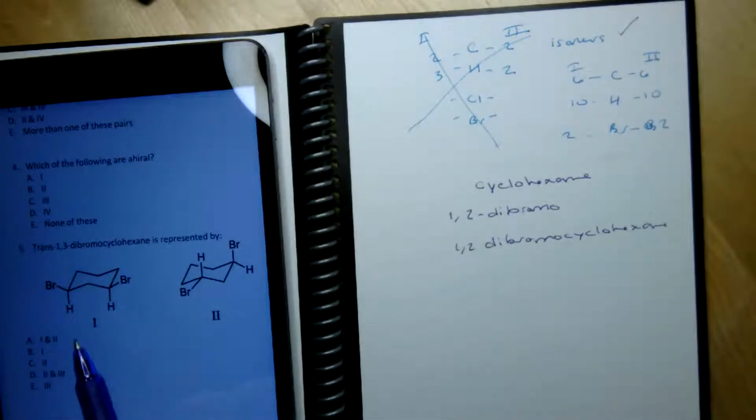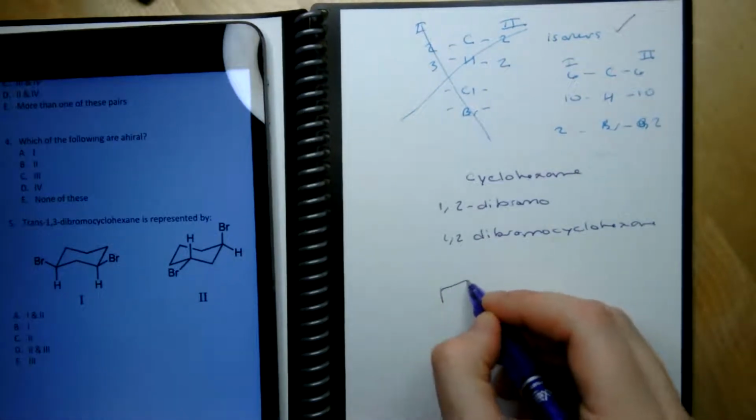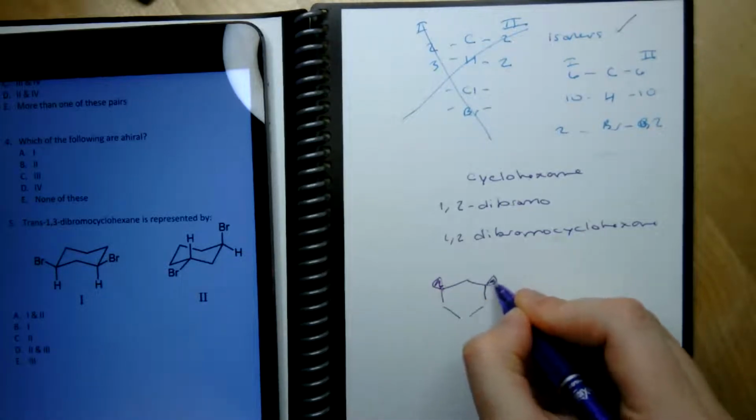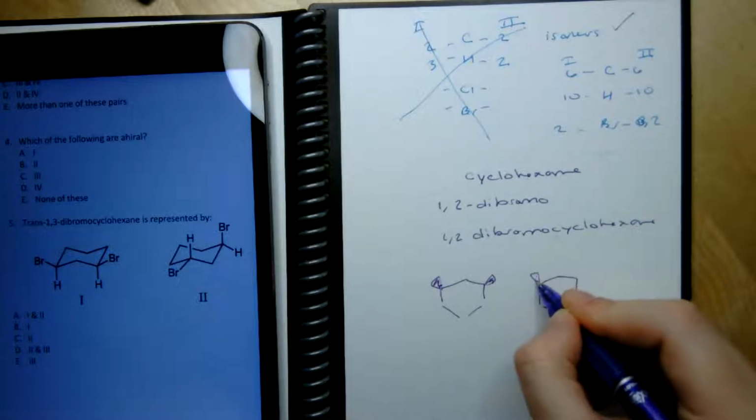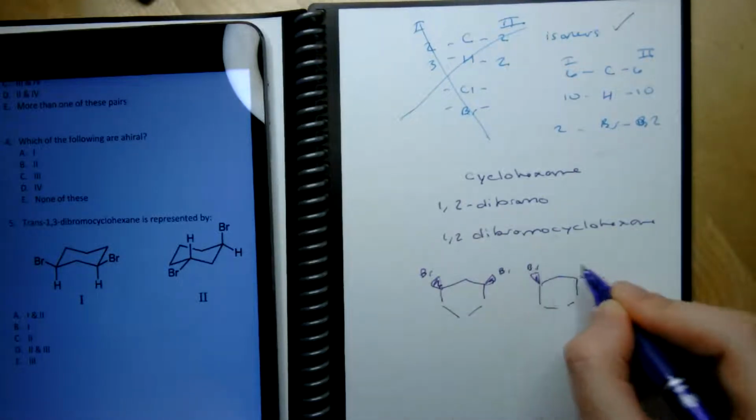That is a correct name for both of these, but it doesn't differentiate between the two, and they're not exactly arranged the same in space, right? One of them has 2 wedges, and the other one has a wedge and a dash. So they're not exactly the same.